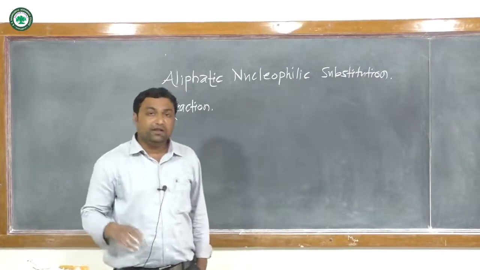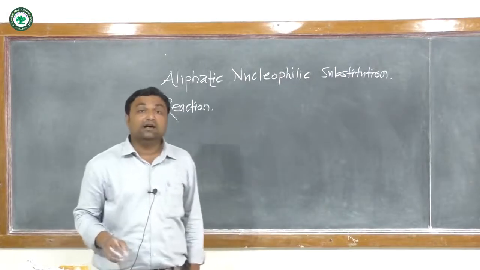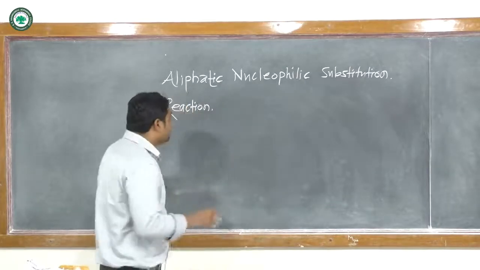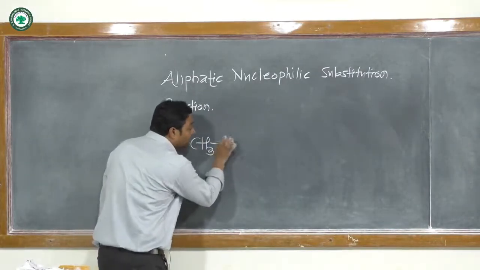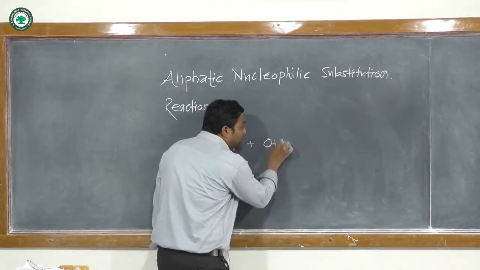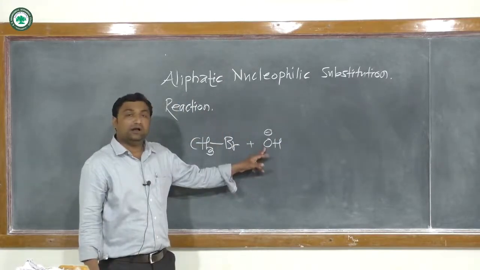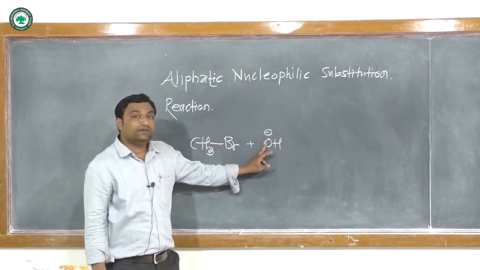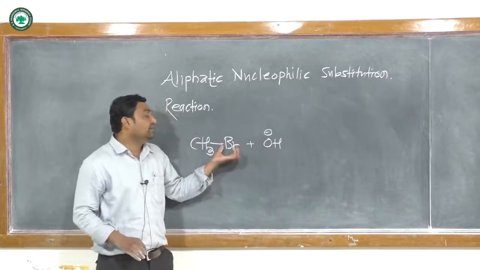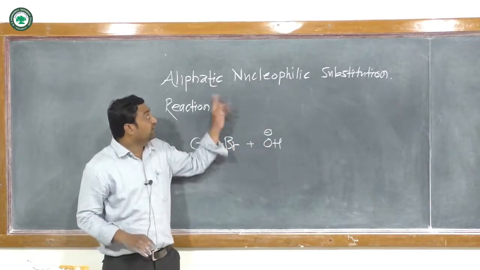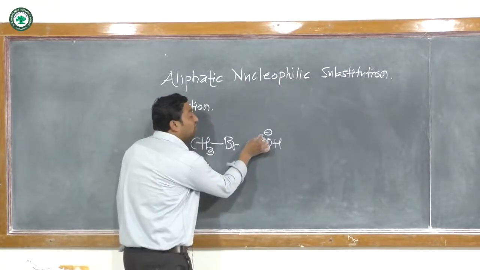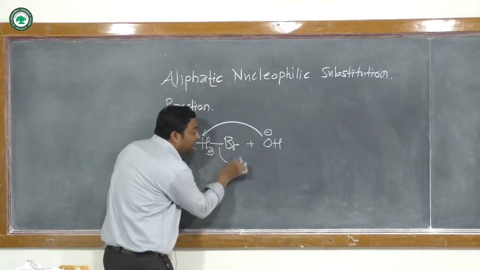Alkaline hydrolysis of methyl bromide. When we carry out alkaline hydrolysis, that is, the action of aqueous NaOH on methyl bromide, the OH negative from aqueous NaOH or KOH acts as a stronger nucleophile than bromine. By the definition of aliphatic nucleophilic substitution reaction, the stronger nucleophile replaces the weaker nucleophile.